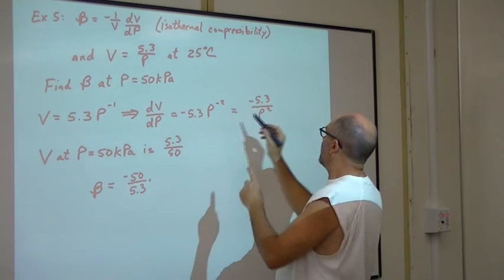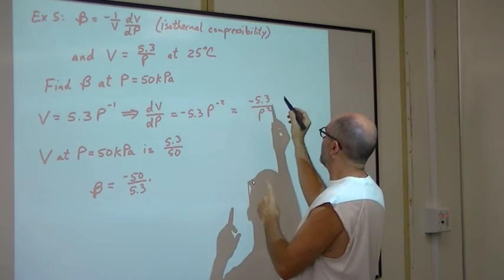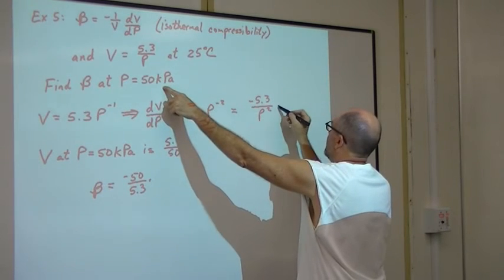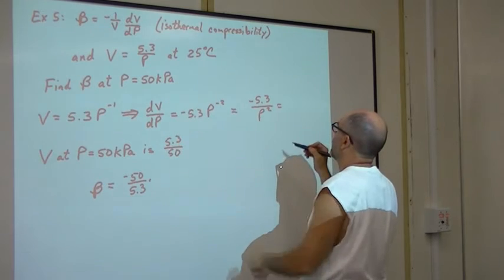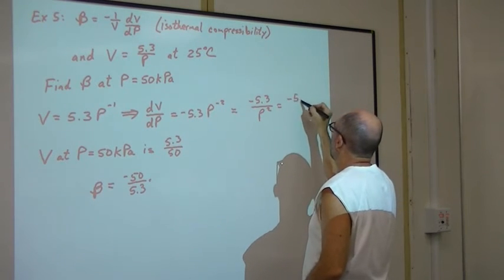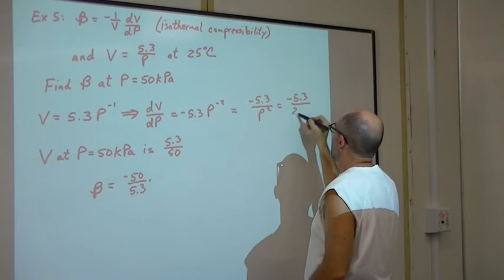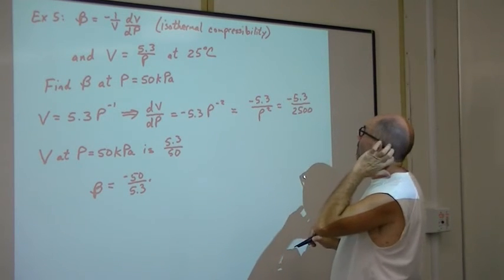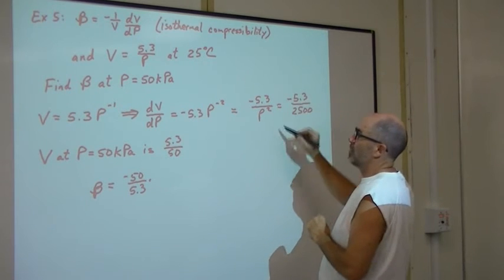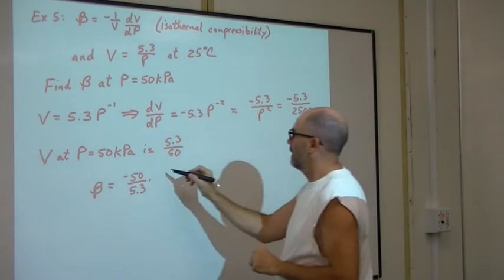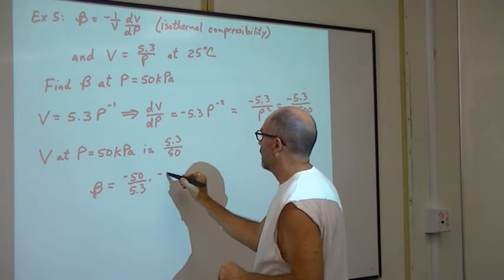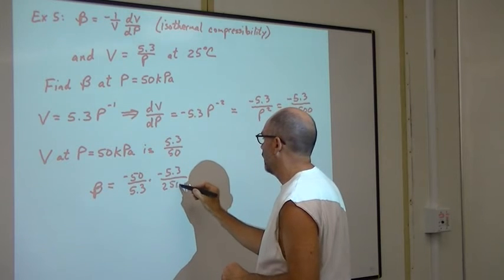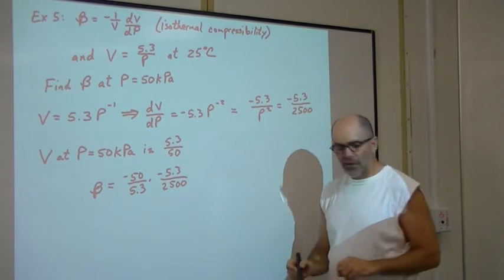And dV dP, what we found out was it's negative 5.3 over P squared. And we said P is 50 kilopascals. So this becomes negative 5.3 over 50 squared. So there's my beta.